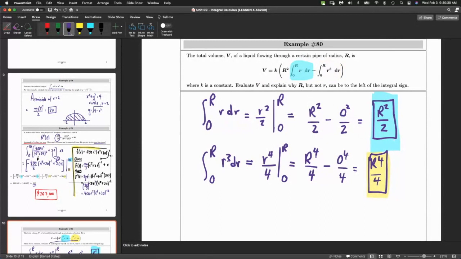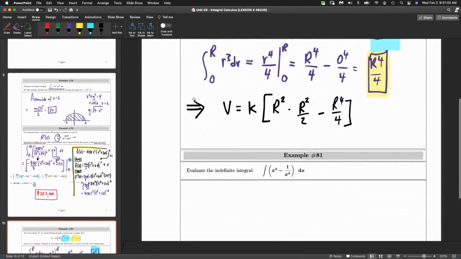Because we can go back to the main formula and just plug in what we need. I'll do it in black. So V equals K, and then we have R squared, and then the quantity highlighted in blue, which is R squared over 2, minus the yellow quantity, which is R to the 4 over 4.